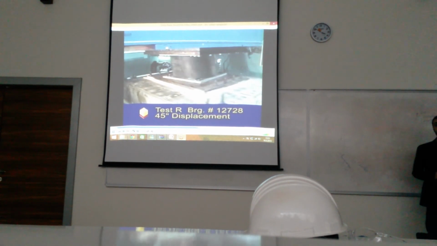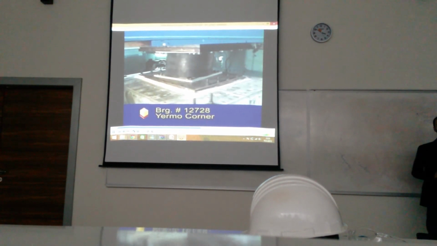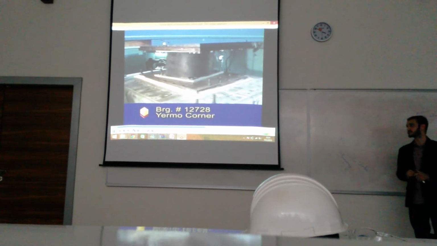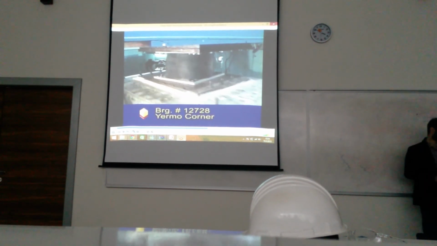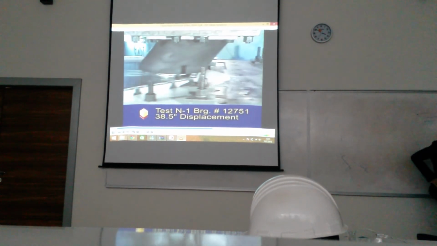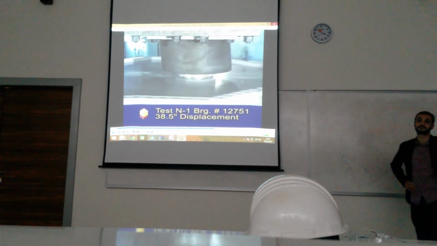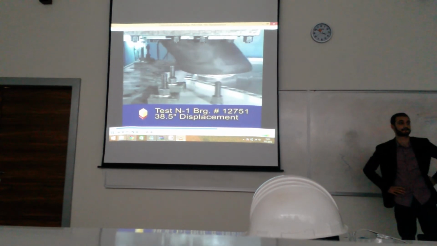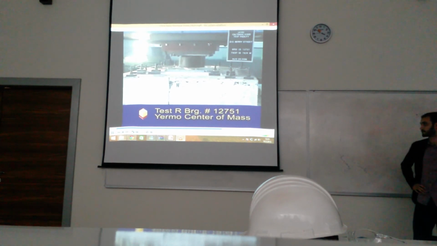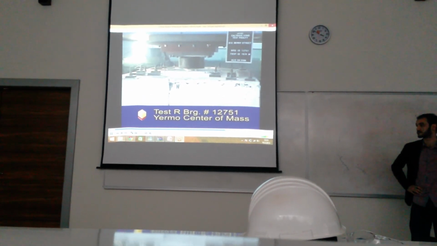Each isolator was subject to a series of 10 maximum credible earthquakes. Maximum average corner displacement obtained from the 7 time history analyses is 30 inches for the maximum credible earthquake. The maximum corner displacement of any earthquake is 38 inches. The 45-inch test was conducted to demonstrate the reserve capacity and robustness of the isolation system.